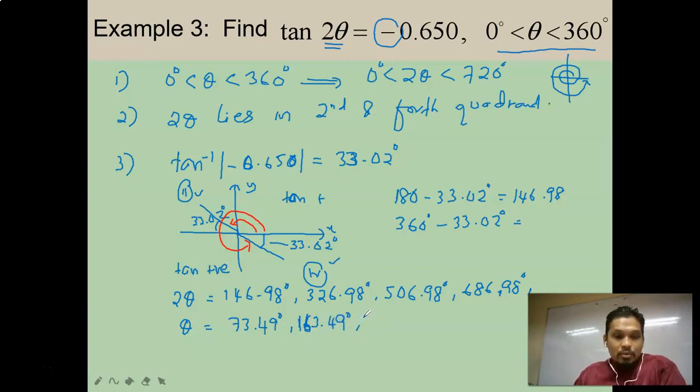And next is 253.49, and another one here is 343.49 degrees.